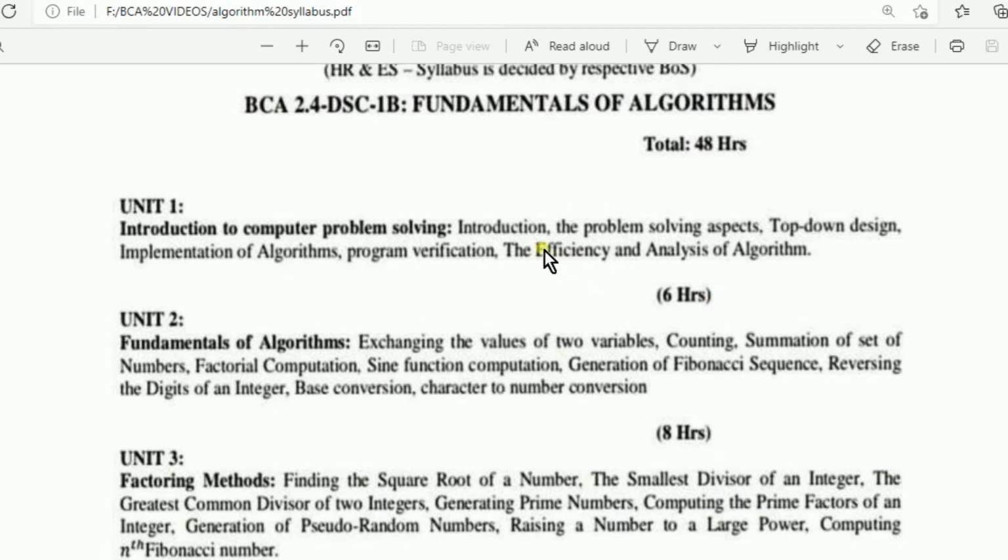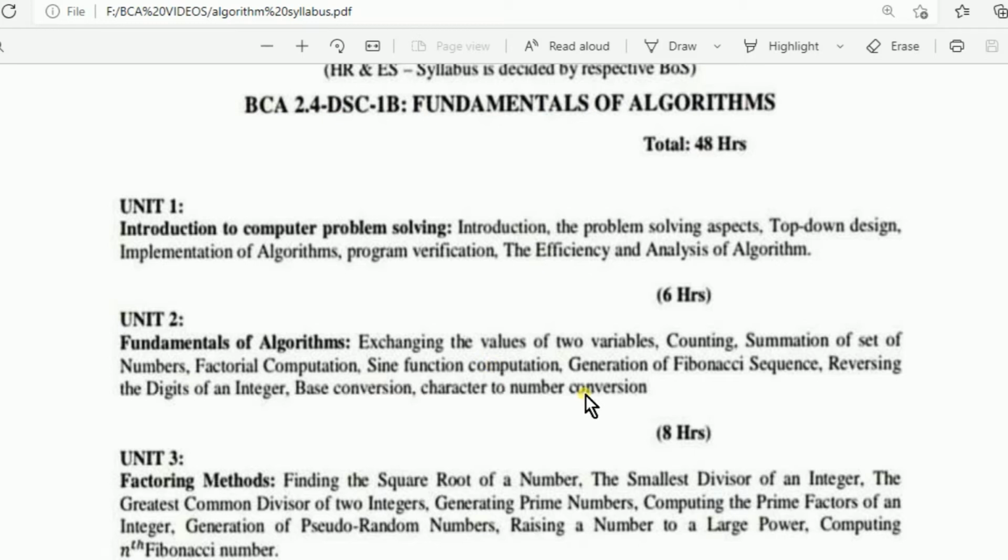introduction to algorithms, the problem solving aspects, top down design, implementation of algorithm, then program verification, and the efficiency and analysis of algorithm.